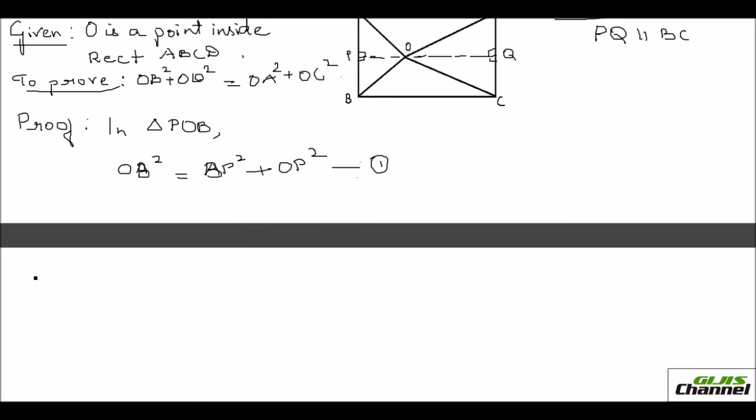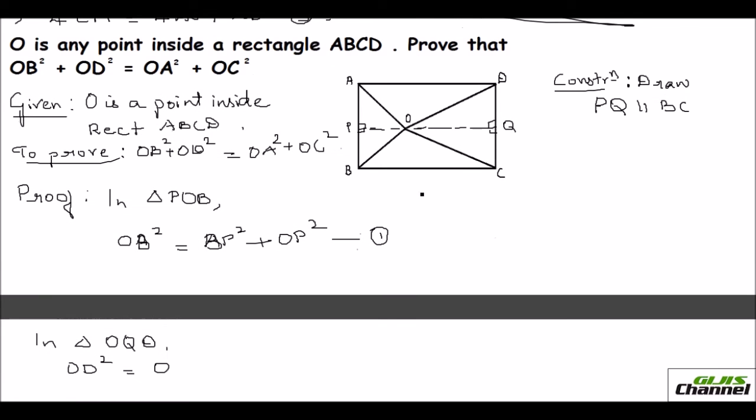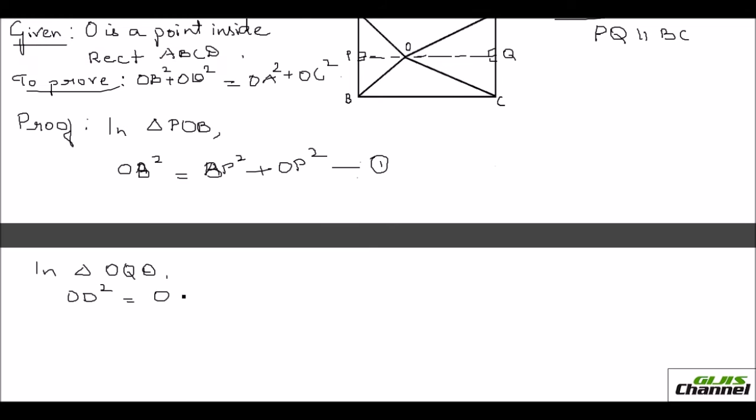Next, let's move on to the next triangle. So in triangle OQD, it is so simple. You just take each small right angle triangle and just find out the values you need, okay? So OD square is equal to OQ square plus DQ square, and you can put that as equation 2.